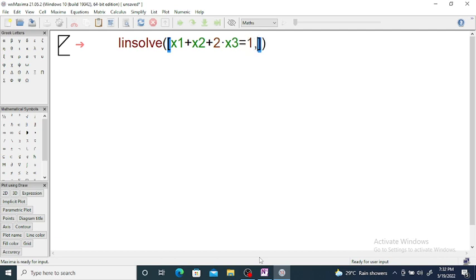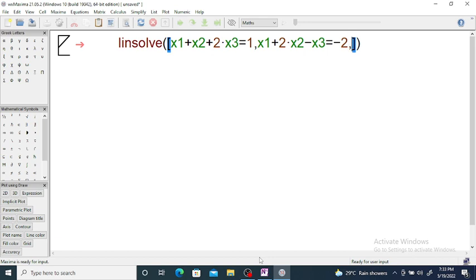Then the second equation is x1 plus 2x2 minus x3 is equal to minus 2.